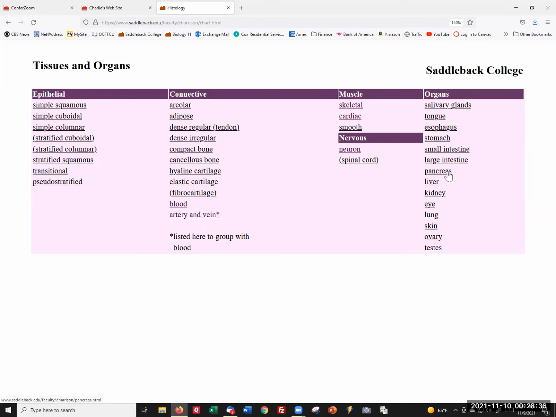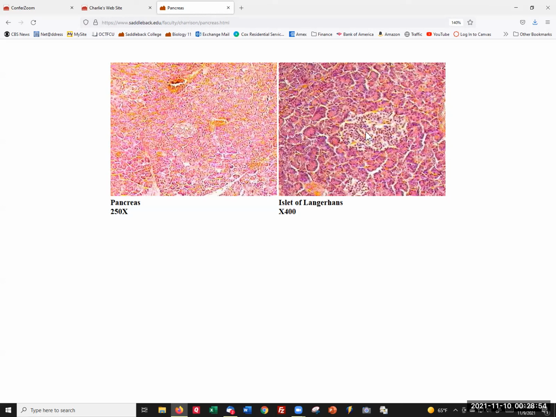Let's hit pancreas. This is an islet of Langerhans. We call them islets also. Here's a magnification of it. You'll learn that that's where the hormones are produced, glucagon and insulin, but pancreatic amylase is produced in these cells out here, which are far more abundant.